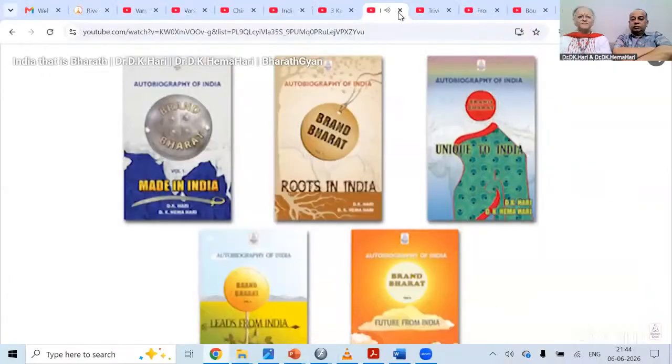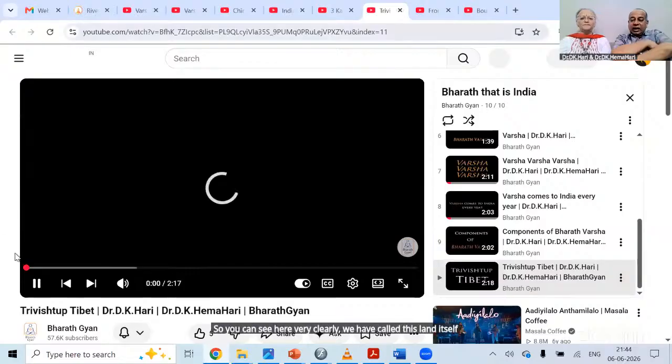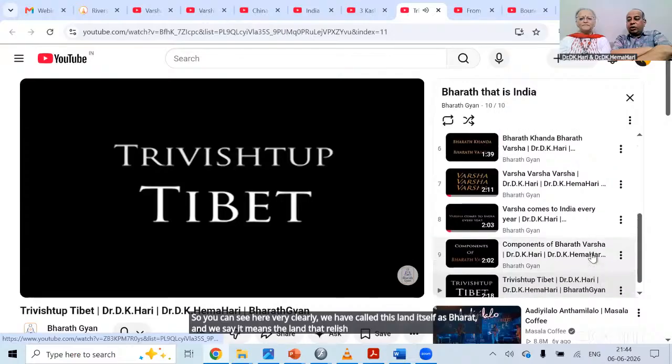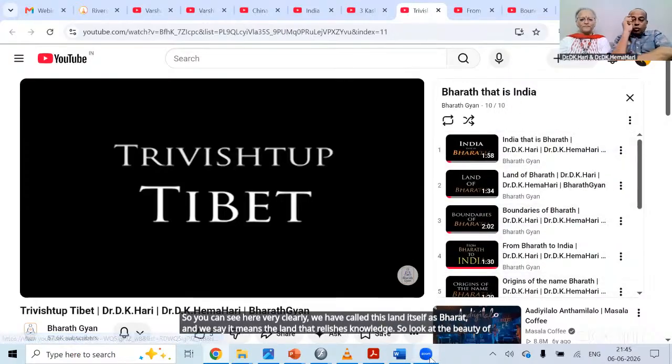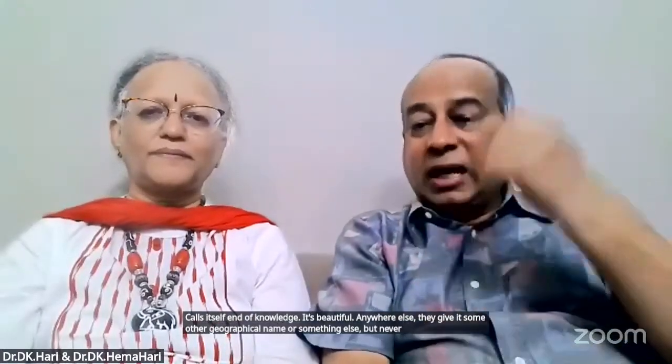So you can see here very clearly, we have called this land itself Bharat, which means a land that relishes knowledge. Look at the beauty of it. No other country in the world calls itself a land of knowledge. Anywhere else, they give it some other geographical name, but they never call themselves a land of knowledge.